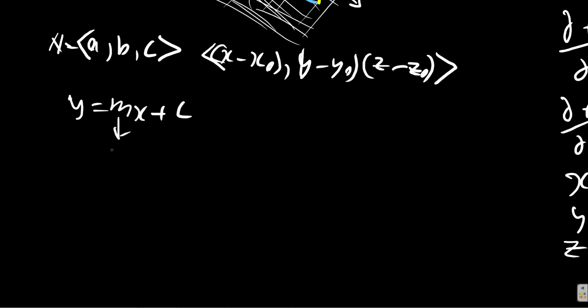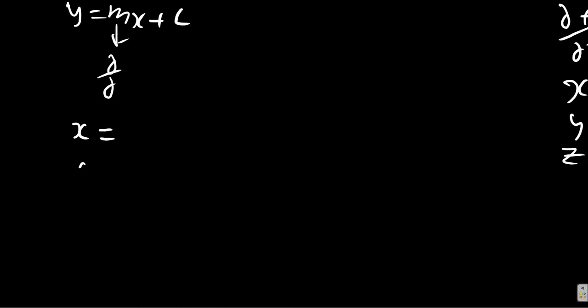M is the gradient. We can use a gradient function. So here it's the partial derivative of something. So it's going to be, in this case, x equal, then y equal, and then z equal.